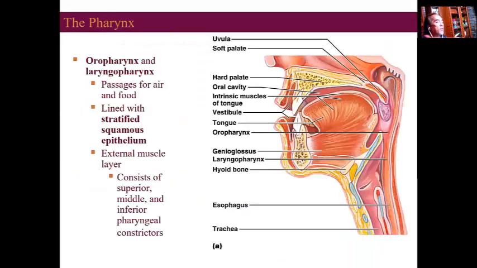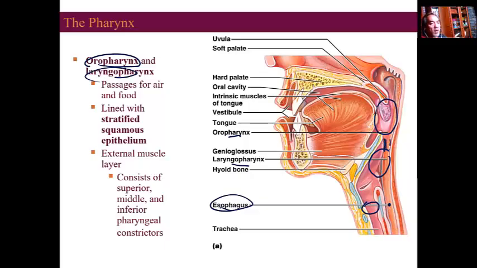So we'll take a look at the pharynx. The area of the pharynx where the oral cavity is located is going to be your oral pharynx. And the area of the pharynx where the larynx is located is going to be the laryngeal pharynx. Remember, at the back of the respiratory tube is the esophagus. The esophagus has muscles located on top of it, and those muscles are what we call the pharyngeal constrictor muscles: superior, middle, and inferior.